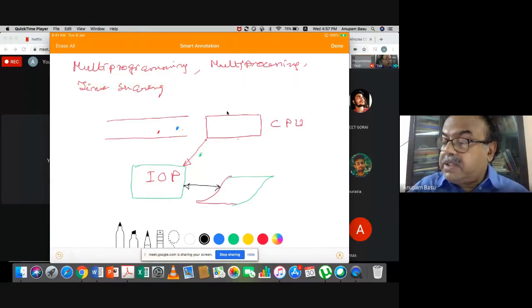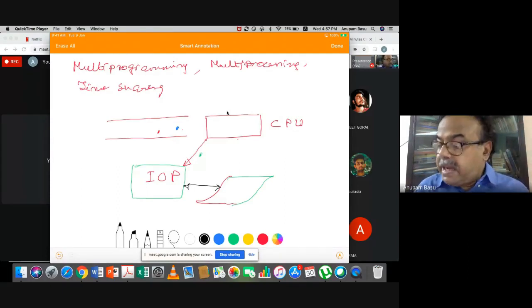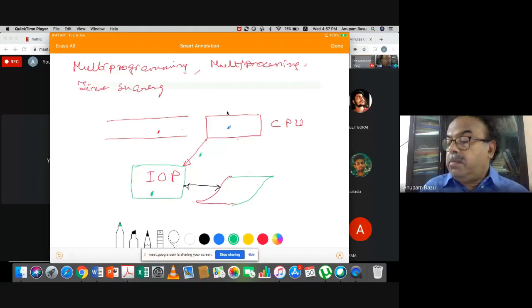And what happened to the CPU? It is now free, right? Because this will take, say, maybe 100 milliseconds. In the meanwhile, I can process many things, and I can make this blue process come here and be removed from the queue, and now the blue is running. So what is happening here? The green is in the IO processor mode, and the blue is in the execution mode.